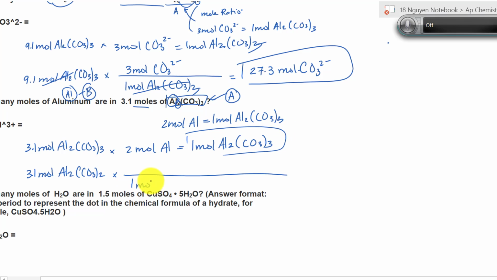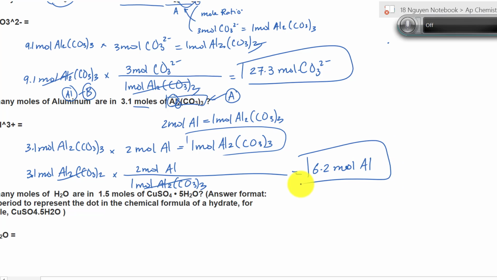So we have 1 mole of aluminum carbonate on the bottom. And this one must be on top. Boom, this cancels out, and we have 3.1 times 2 and that gives us 6.2 moles of aluminum. And that is our answer right there.